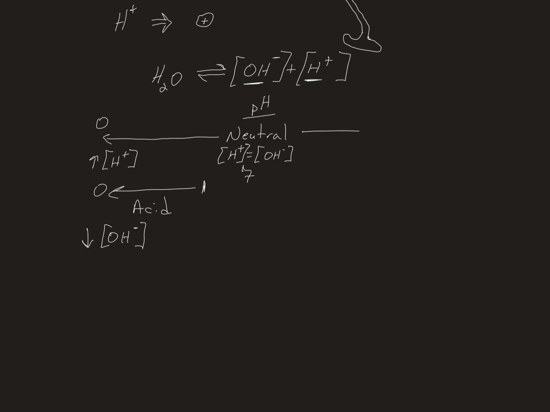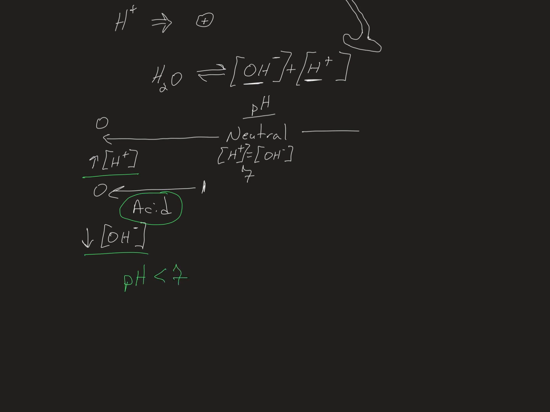All you have to worry about is this idea that when you have a low OH and a high H plus, we call that an acid. Okay? So that means a pH of less than 7.